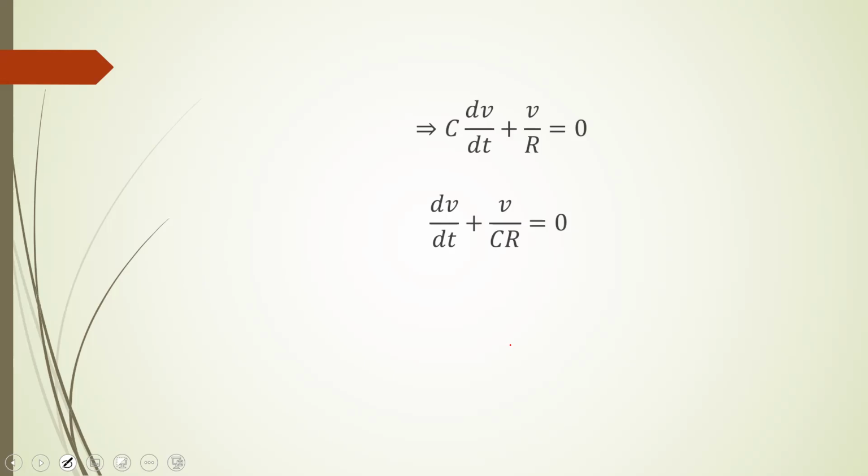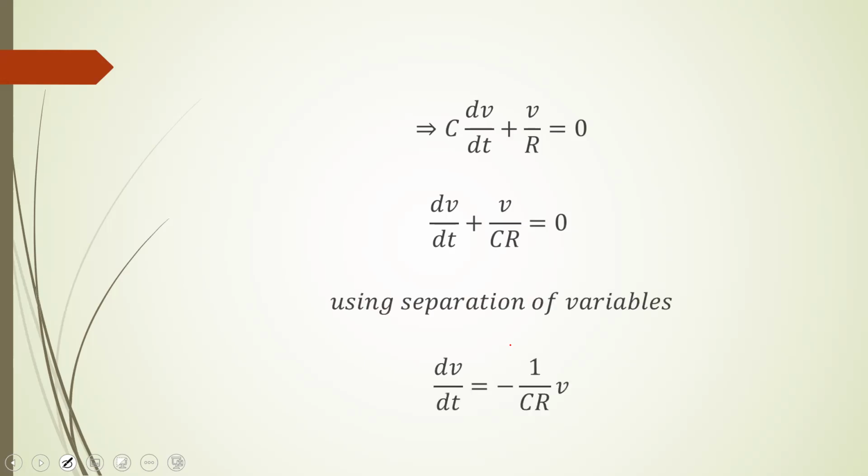And if we use separation of variables, we have dV over dt equal to minus 1 over CR. Continuing along this path, which you're quite familiar with, we have dV over V equal to minus dt over CR.